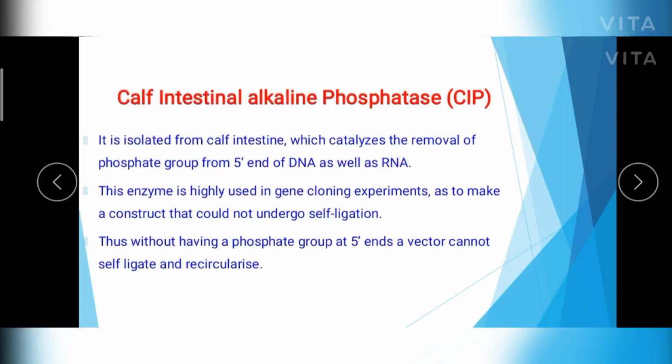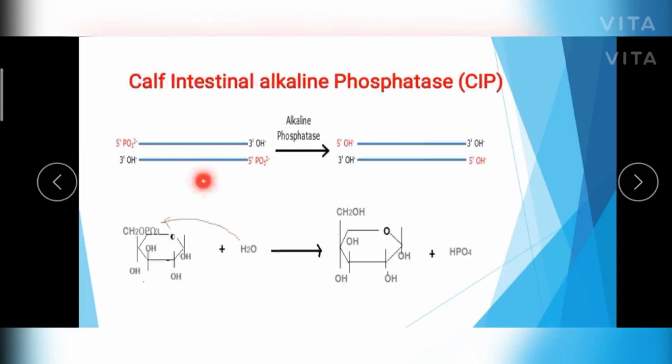Why are these phosphatases used? In order to prevent self ligation of the vector molecules. Whenever the vector molecules or the target DNA have cohesive ends, they have the ability to show self annealing, or recircularization will happen. In order to avoid that, the phosphate group is modified to a hydroxyl group.